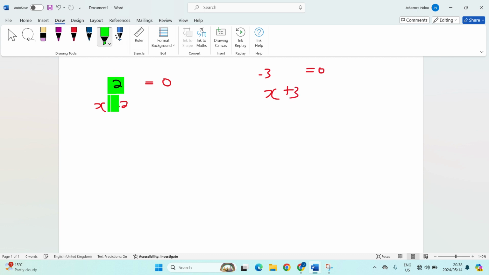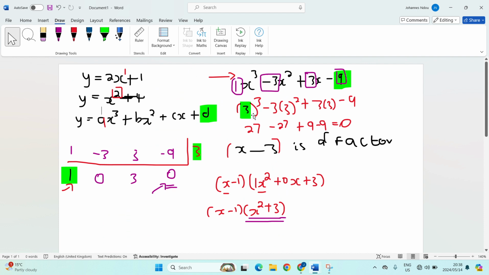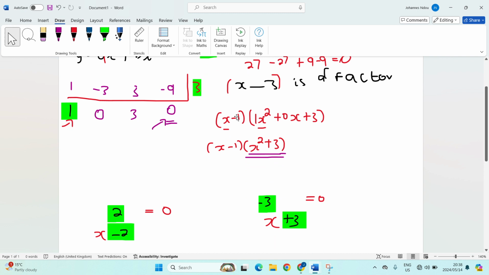If here is positive 2, it's negative 2, negative 3, positive 3. So this is called the factor theorem. When I replace that certain number in the expression, I must get 0. So this is how your final answer will be, because you cannot factorize this any further. Okay, so let's try a second example.